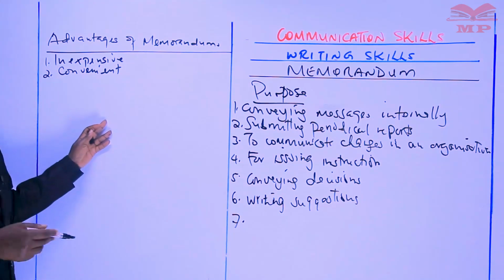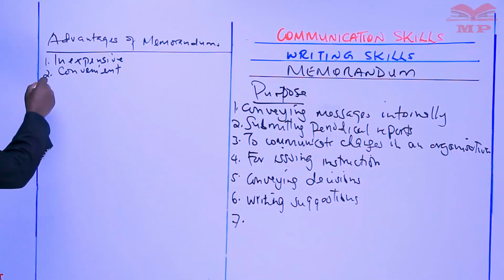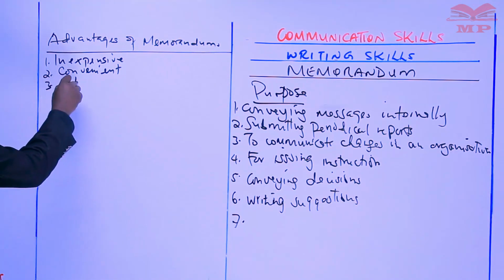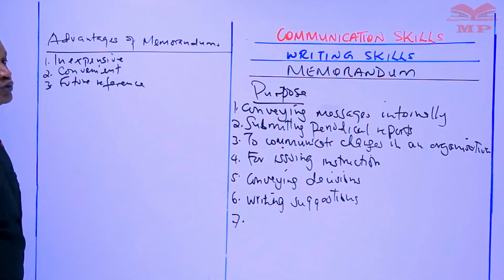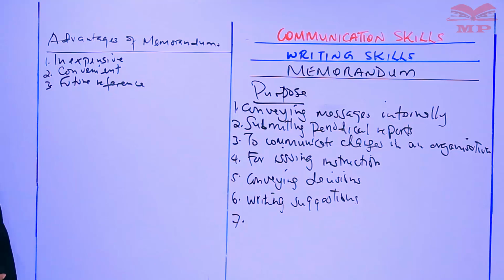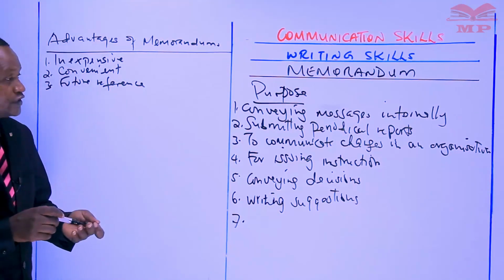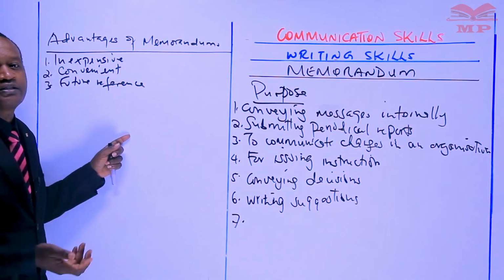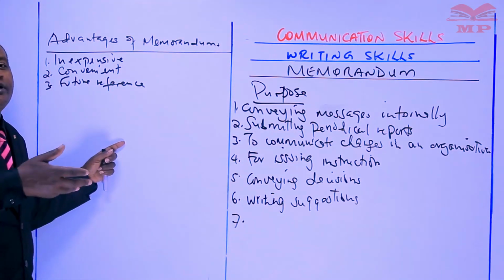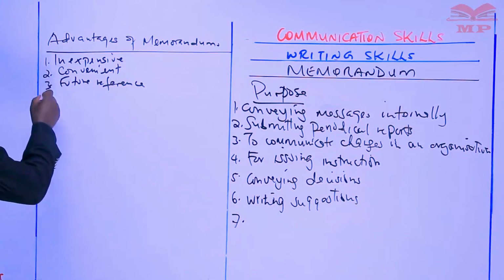It's a very convenient way of communicating because it may take a standard form. Number 3, future reference. Memos are usually stored in office files or computer files, and as such, they can be used for future reference.